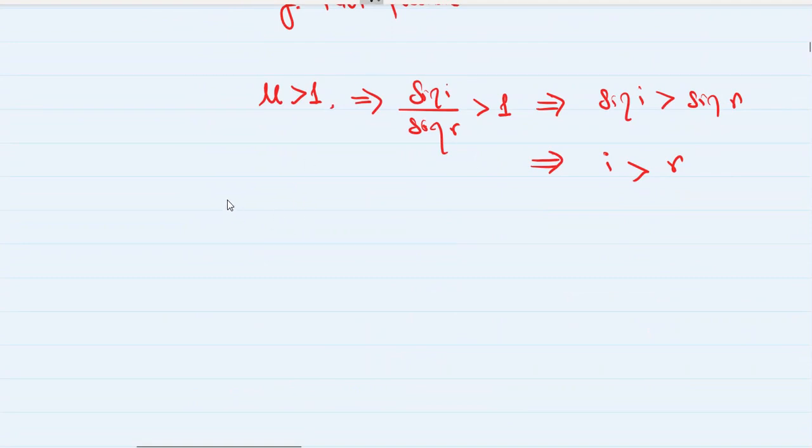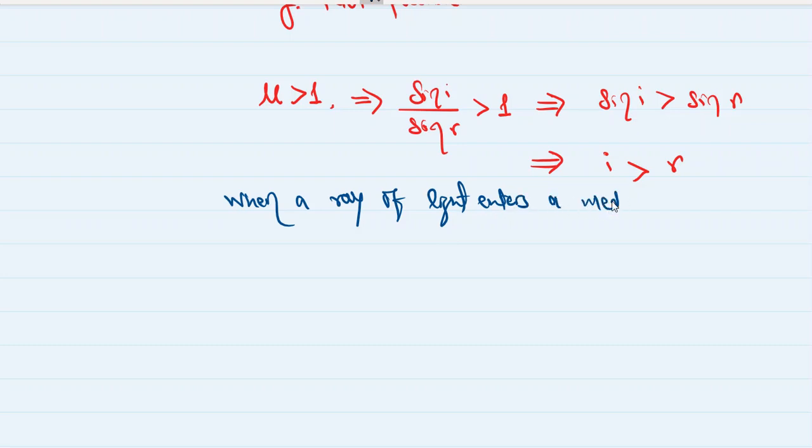We can say that when a ray of light enters a medium with refractive index greater than 1, its speed will decrease.